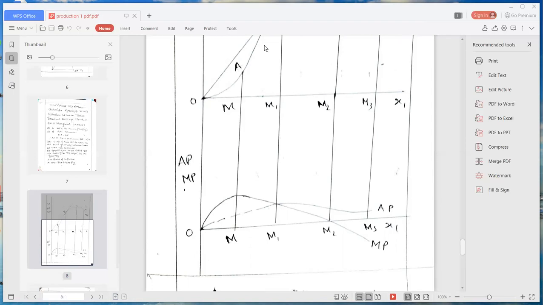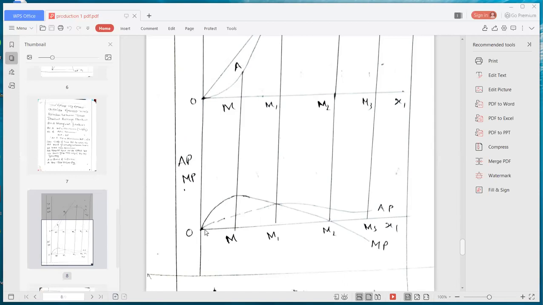At the points to the right of the point A, the marginal product decreases because total product increases at a decreasing rate, and at the point A the total product increases at a constant rate. Therefore, at the point A, the marginal product is maximum.